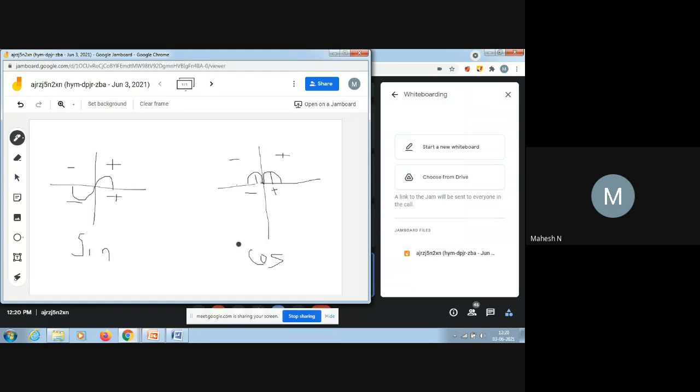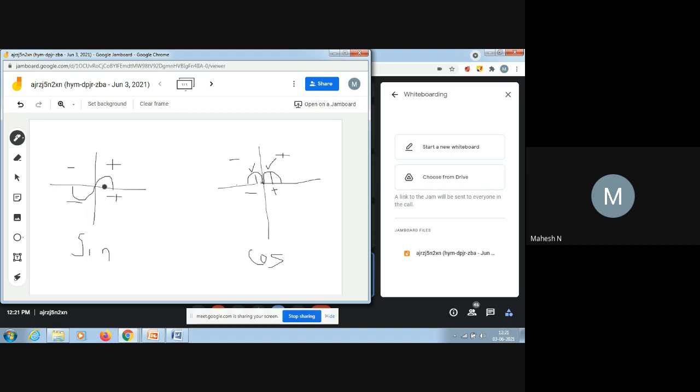So cos of minus theta is also equal to cos theta. Both the cos of minus theta waveform and cos of plus theta waveform are on the positive side only. So that is why cos of minus theta becomes cos theta.